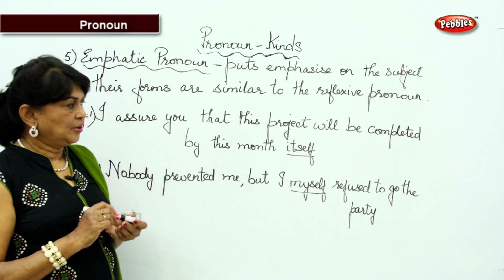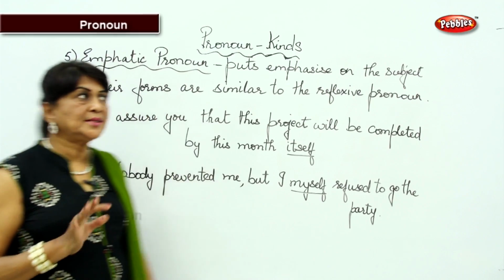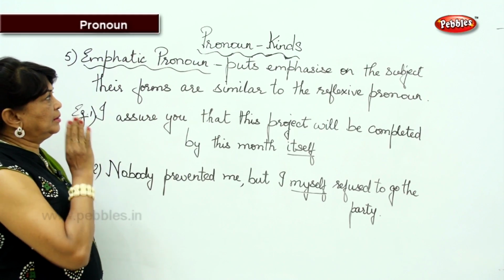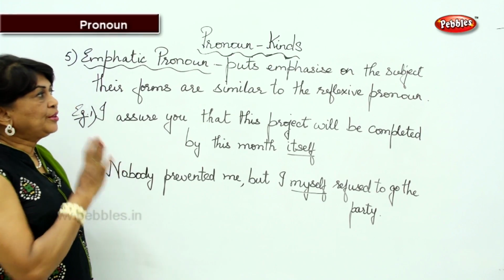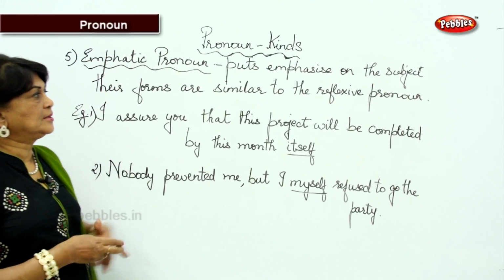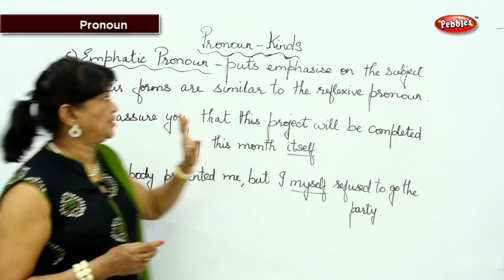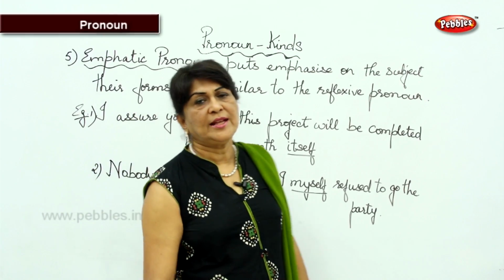So this is called the emphatic pronoun. Okay, do you understand the difference between reflexive pronoun and emphatic pronoun? Both the forms are the same, but here more emphasis is given on the subject. Their forms are similar to the reflexive pronouns.